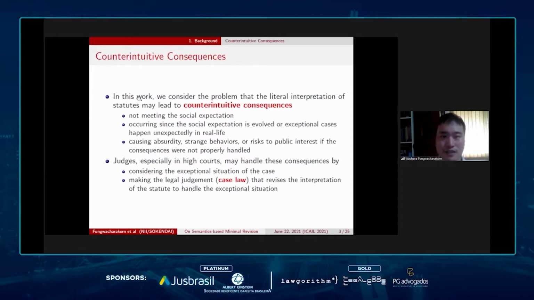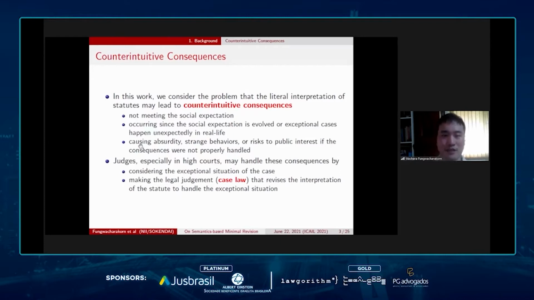In this work, we consider the problem that the literal interpretation of statutes may lead to counterintuitive consequences. Counterintuitive consequences are the consequences that do not meet the social expectation, and the consequence occurs since the social expectation has evolved or exceptional cases happen unexpectedly in real life.